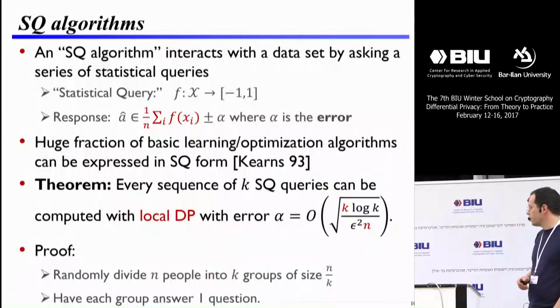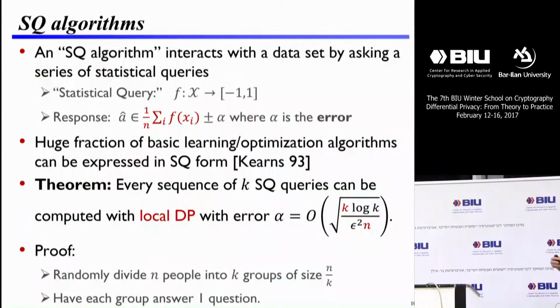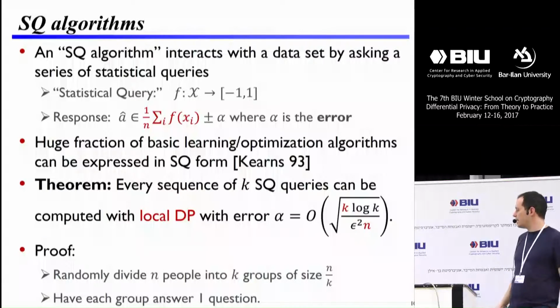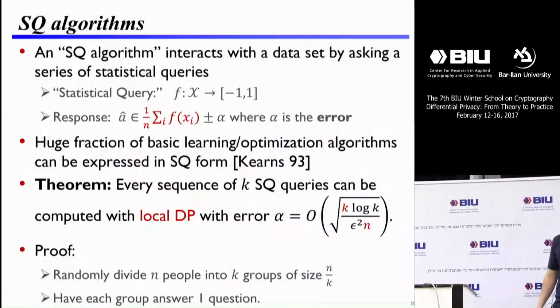Okay, so in particular, every sequence of k statistical queries can be computed in this local differentially private model with accuracy about square root of k over n. The way you do this is, if you want to answer a sequence of k queries, you randomly divide people into k groups of size n over k, and then ask each of the groups to answer one of those questions.